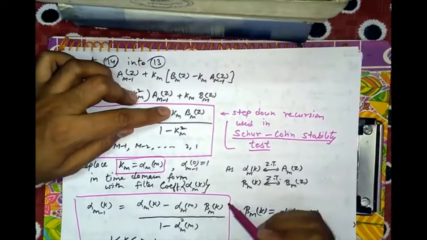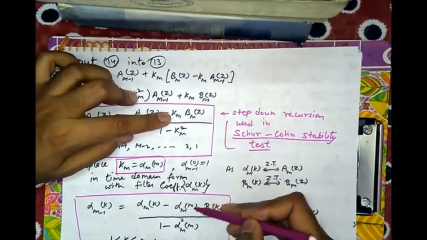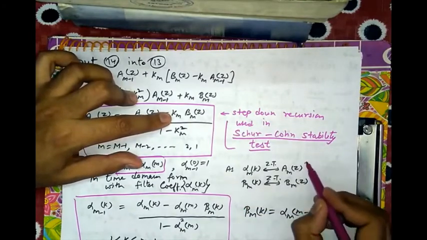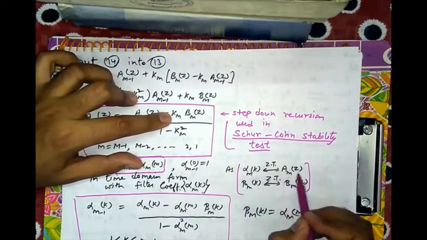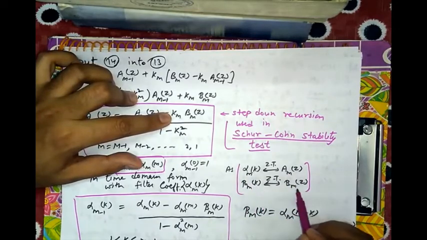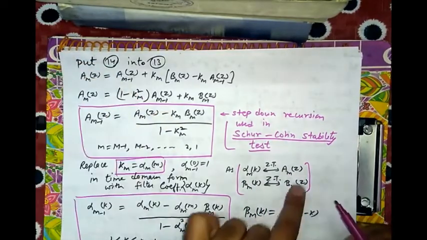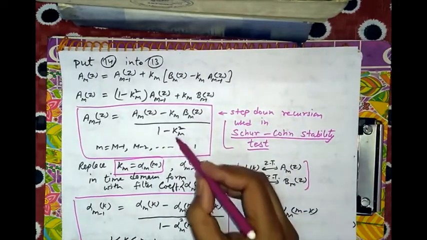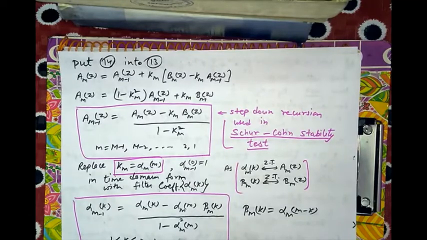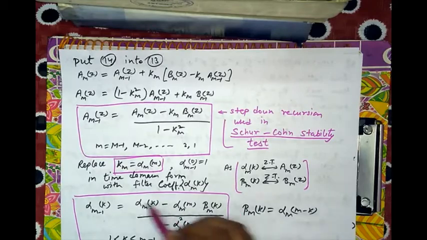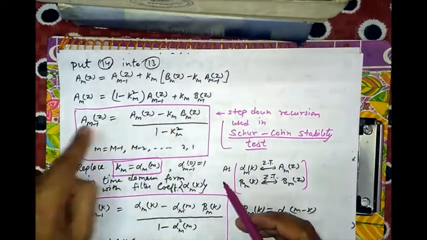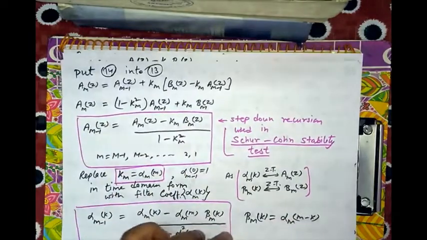We are just converting from the z domain to the time domain, and k_m square is represented as alpha_mm squared. So this is the coefficient in the time domain, and this is the polynomial in the z domain, where A is the forward polynomial and B is the reverse polynomial.